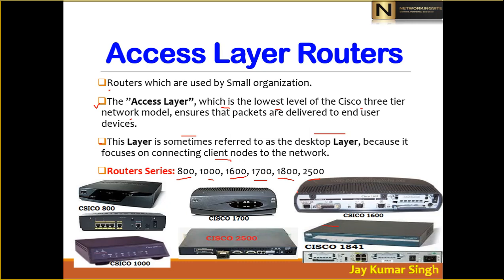Whenever you see these types of router series, you will say these are access layer routers, or maybe access layer switches. Switches also have series, but we are working on router series nowadays. So these are the models like Cisco 800, 1000, 1700, 2500.